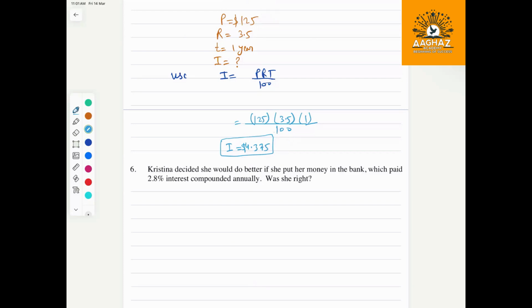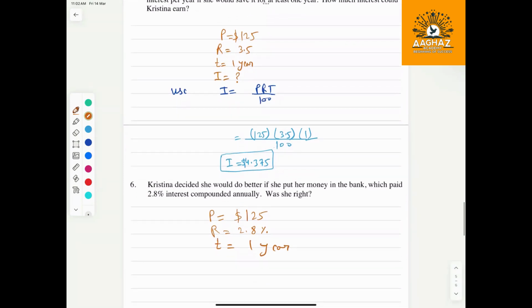Now for this case, first of all, I will write the values. T will be the same, I mean the same case. R will be the same rate. No, the rate is changed. That is 2.8%. After the R value, time: I want to find the time, and time will be 1 year, because in the main question it says for 1 year.